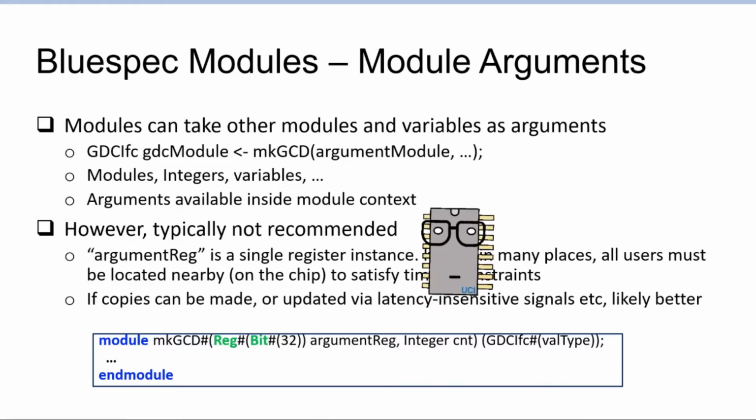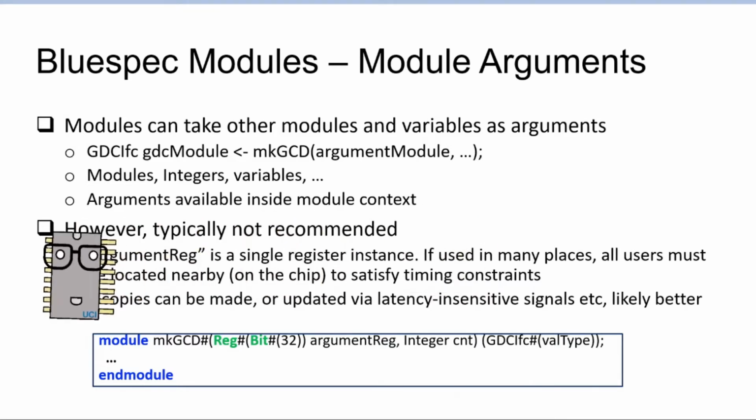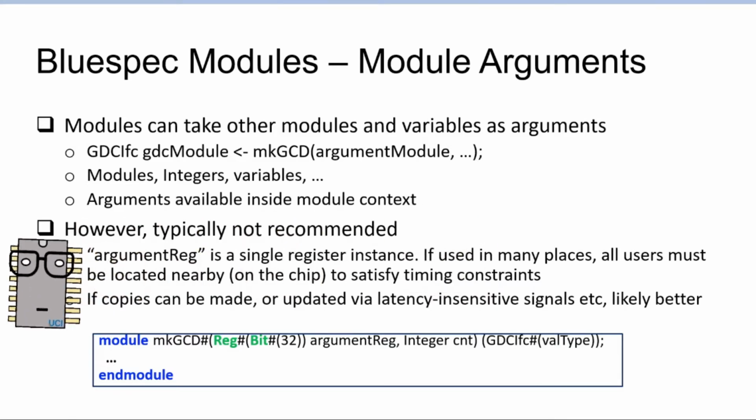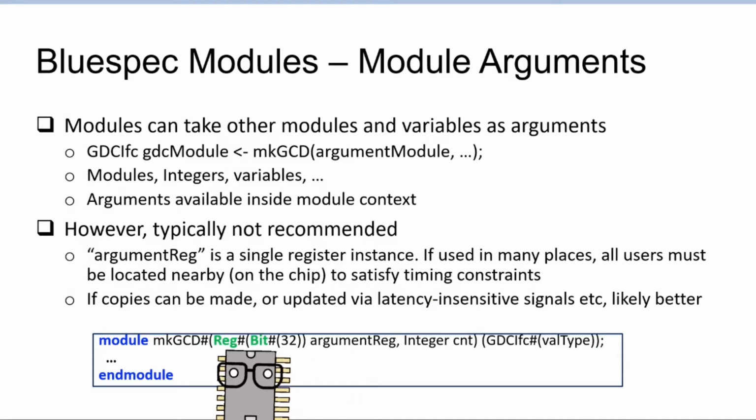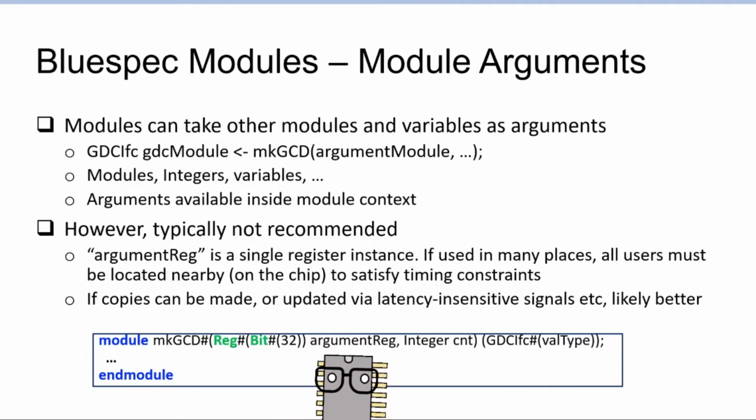And that's an easy thing to do. But typically, if it's at all possible, this is not recommended because when you put something like argument reg, which in this example is a register of bit 32, and give this to a module, it is still a single implementation. It is still a single physical instance on the chip.